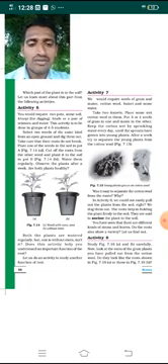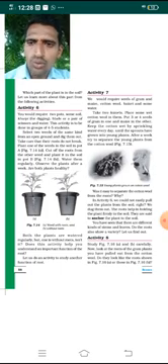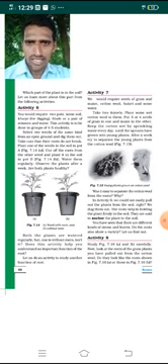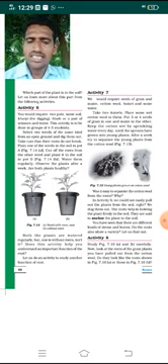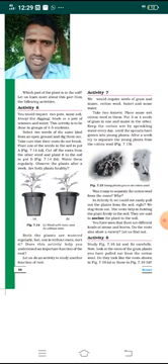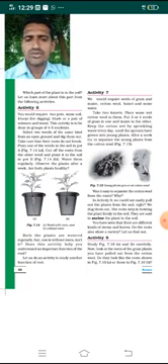So by this activity we understand that the roots help to anchor the plant to the soil, which means the roots help to hold the plant firmly in the soil. It is not easily possible to pluck the plant from the soil. In this activity we have understood the anchoring function of the root.